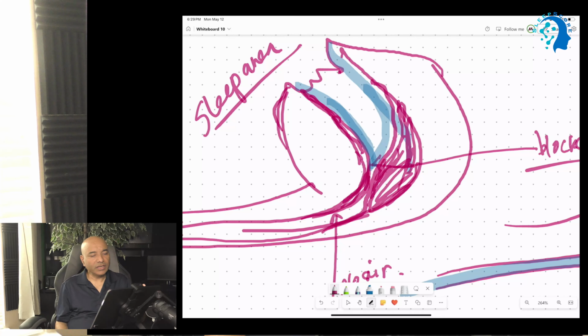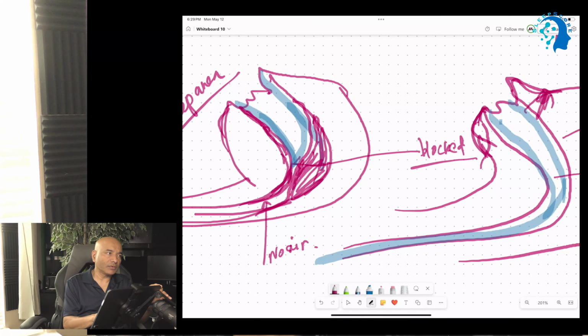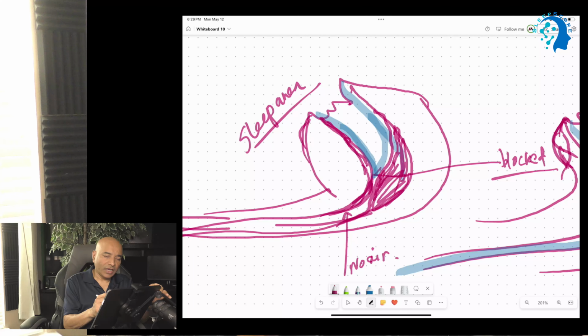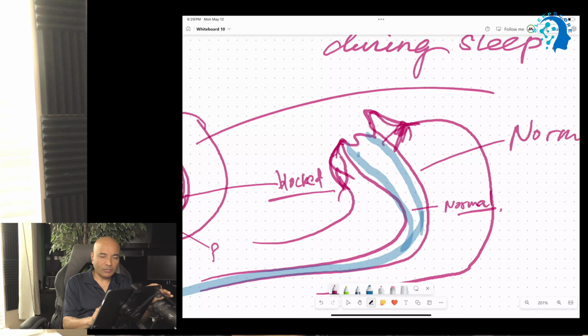And how can we solve this problem? We have to remove this muscle obstruction so that we open these airways. How can we open them? Now I'm going to transfer this problem here.